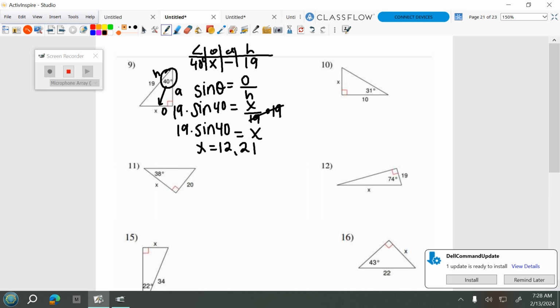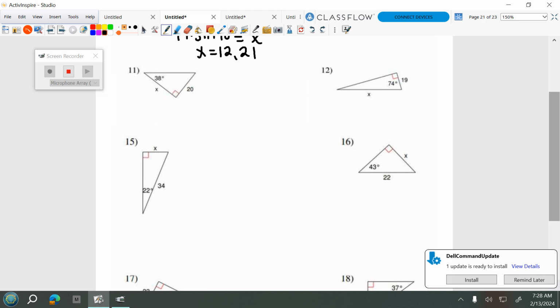Okay, for the next one, same thing. Circle your angle, label O, A, and H. Set up your box of knowledge, figure out the trig function, and solve.